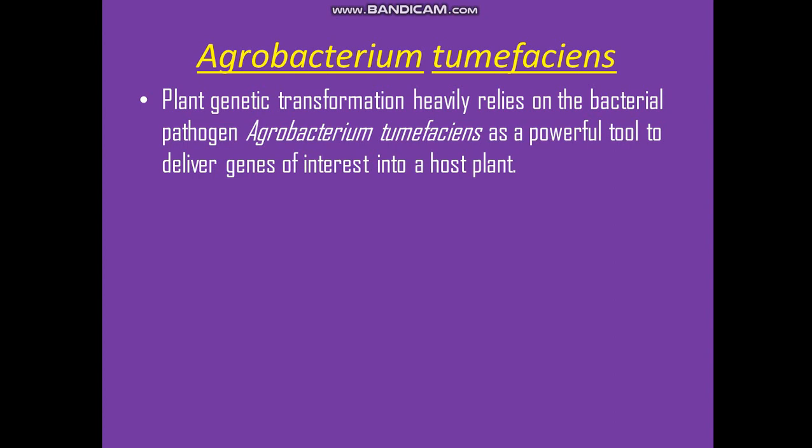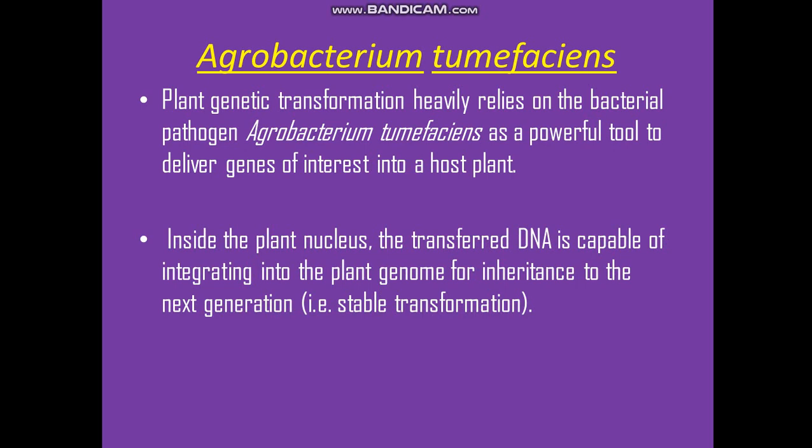We do not require any incorporation method here. That makes Agrobacterium tumefaciens a very potent tool in delivering the gene of interest into the host cell. Second, inside the plant nucleus, the transferred DNA is capable of integrating into the plant genome. That is our main aim, that the transferred DNA should be integrated into the plant genome.